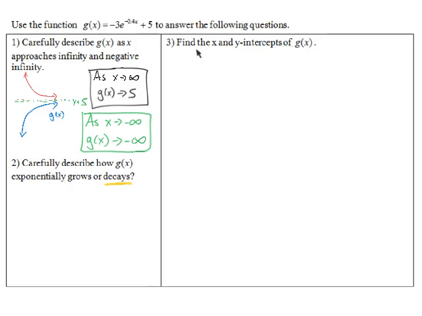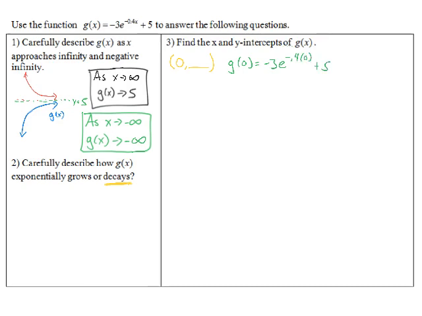So next, we want to find the x and y intercept of g of x. The easiest of the two is the y-intercept. To find the y-intercept, we put 0 for x, and I want to find y. In order to do that, all we do is find g of 0.